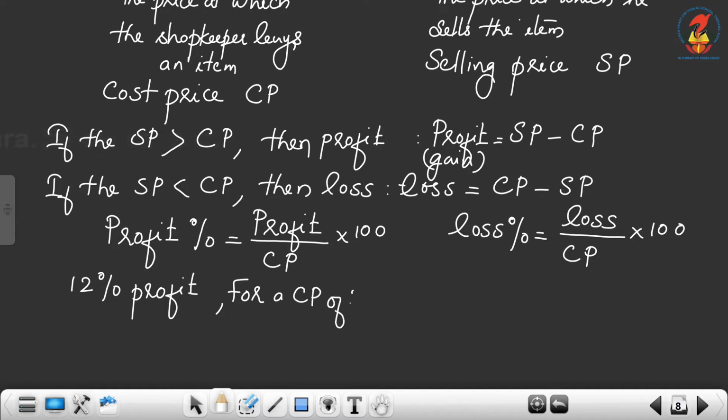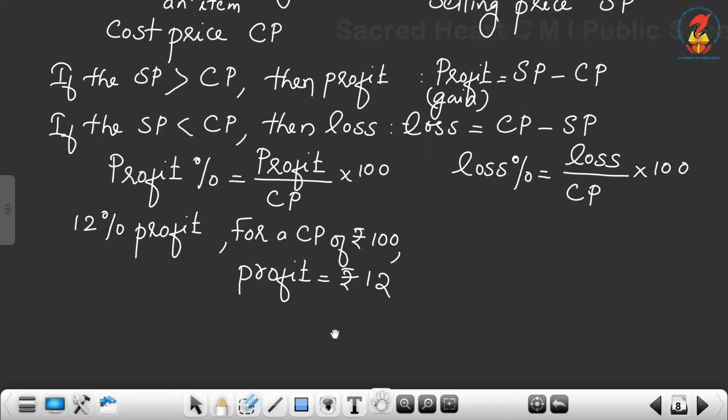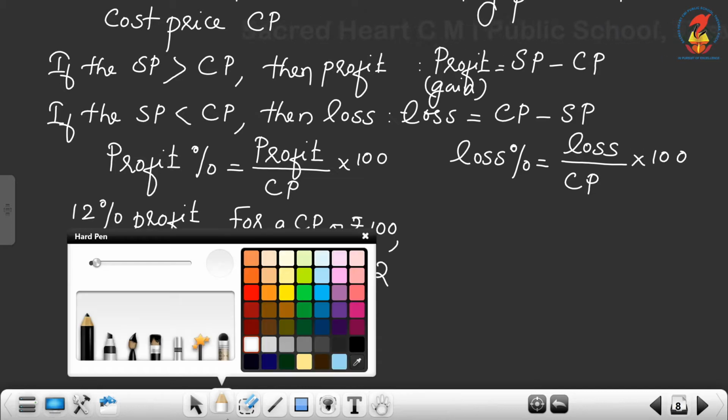Then how can you find out the selling price if profit is given?